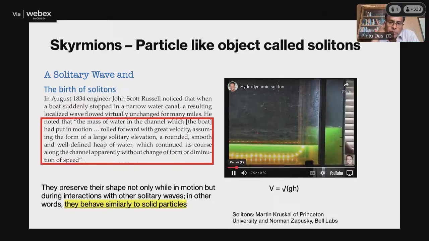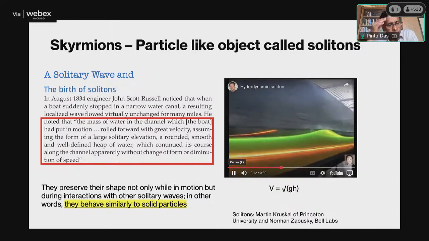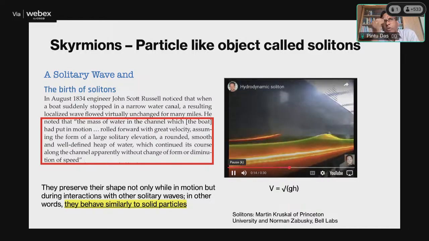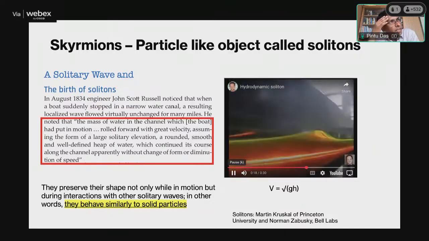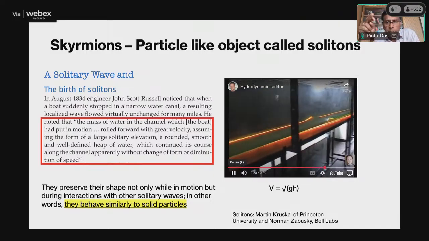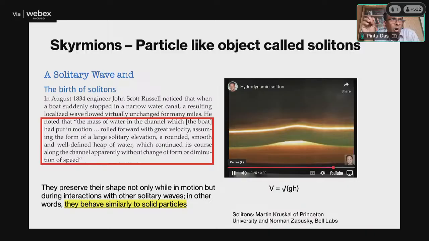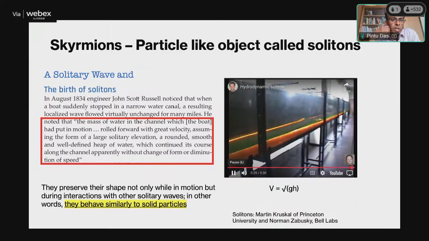So what you see in this video is water in a channel, right? It was discovered by, I think, Russell. I forgot the year. If you take a boat in a canal or in a channel, and the boat stops suddenly, then some kind of solitary wave forms, and the solitary wave can travel to very large distances.